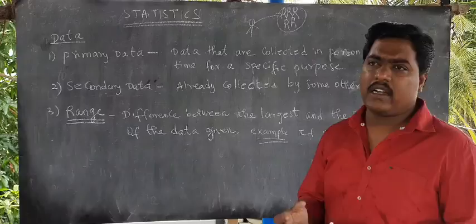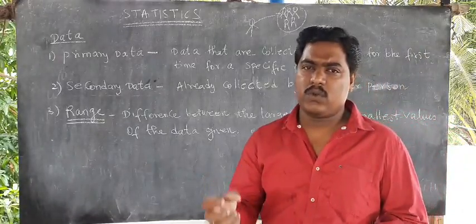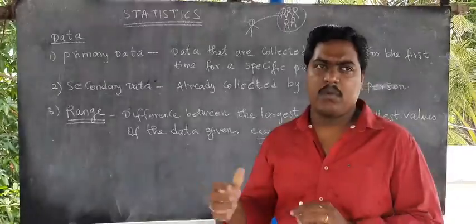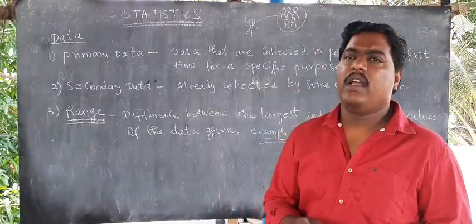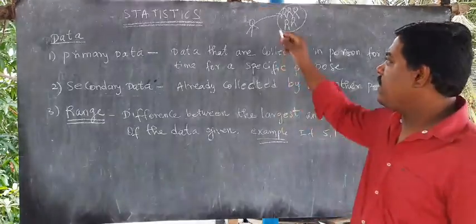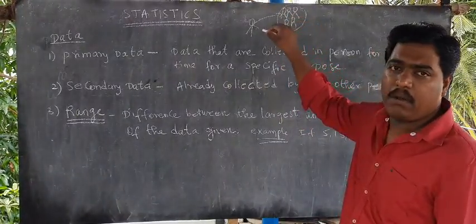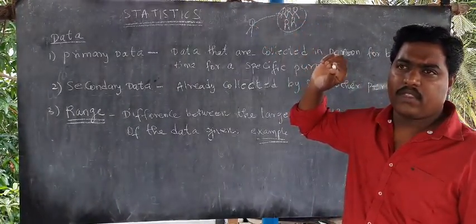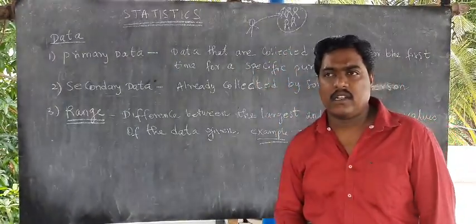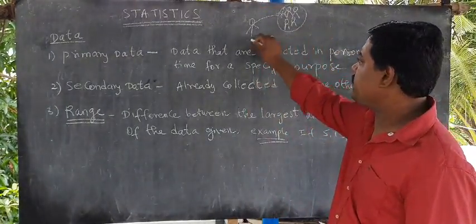Like that, we collect information about the students, the mark list, or the people, how many women, how many men are there. The information collected from various people by one person, and then we calculate and give the percentage or data, that is called statistics.